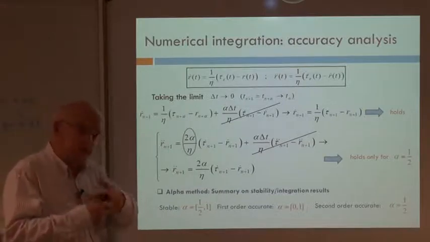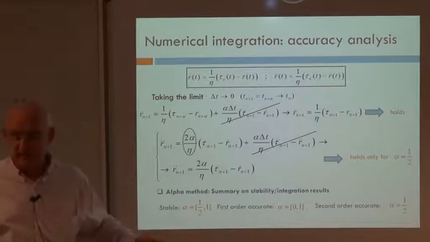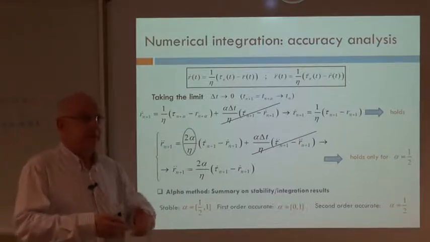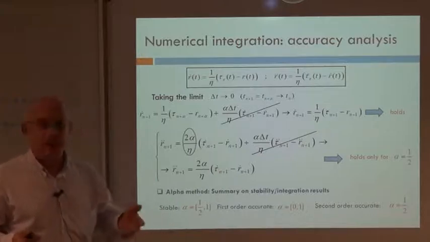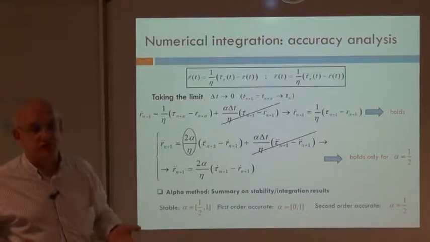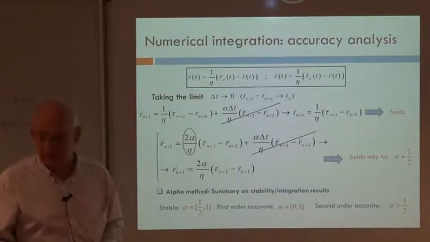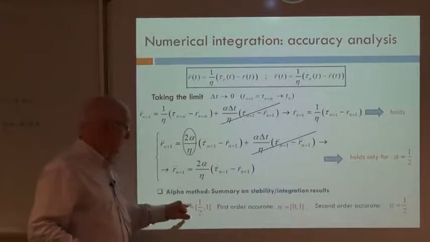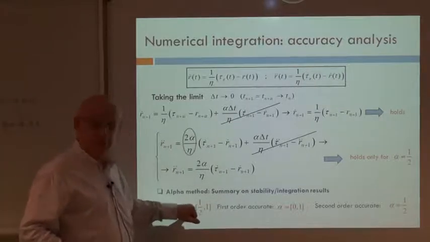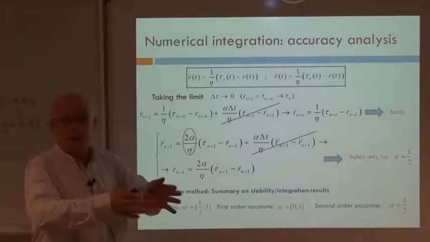So no matter what the time step is, you will have some solutions with some error, some lack of accuracy, but you won't have explosions. The errors will not be transmitted from one time step to the other. Okay? You will be requested to try alpha equals 0, alpha equal 1/2, alpha equal 1, with large time steps.